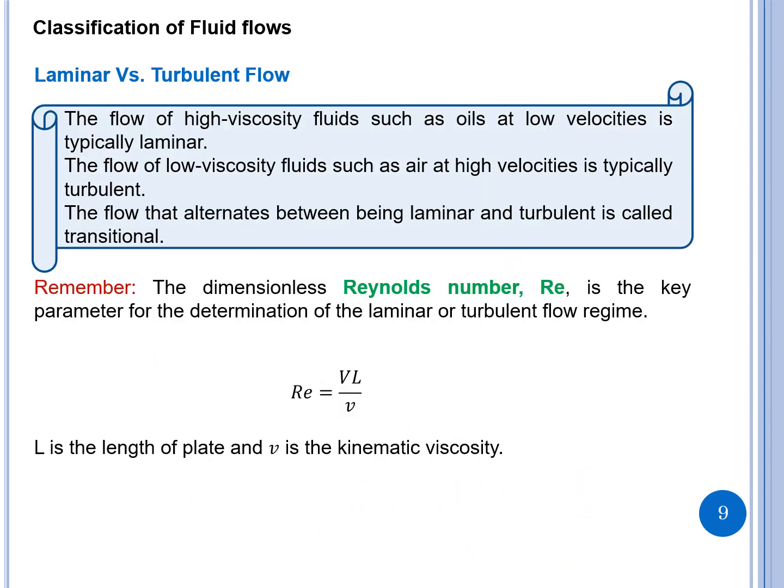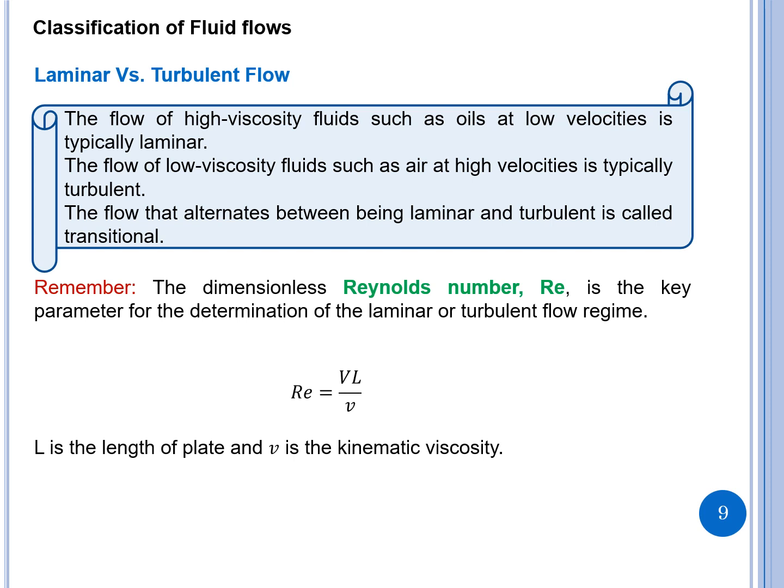So some simple rules. The flow of high viscosity fluids such as oil at low velocity is typically laminar. High viscosity, low velocity, laminar flow. Low viscosity, high velocities, typically turbulent flows. Then there can be a transition between laminar and turbulent, and that is called transitional flow.